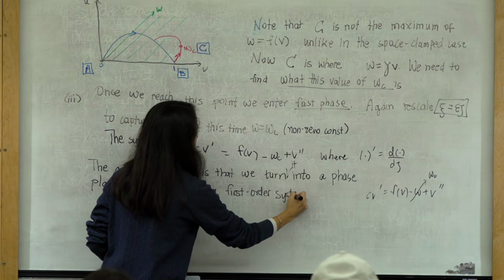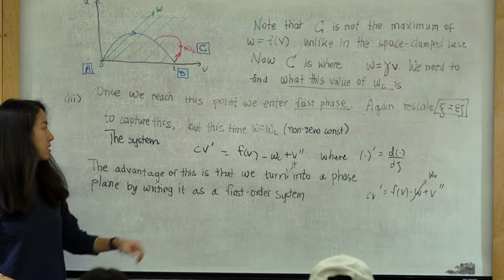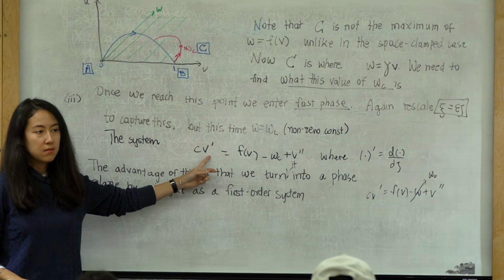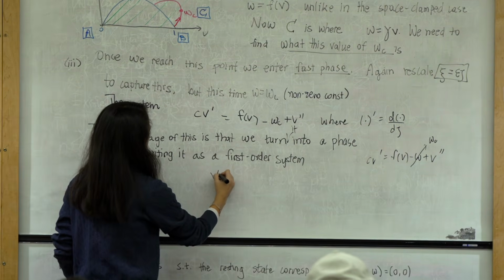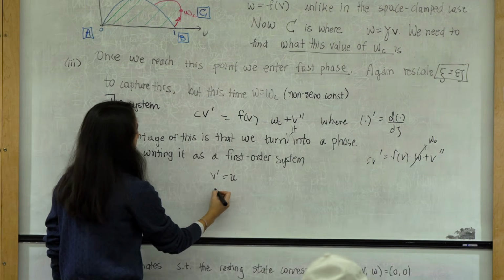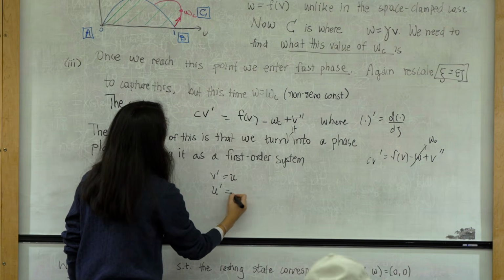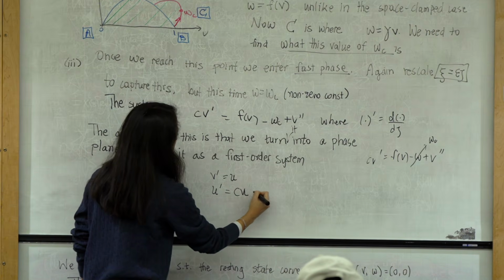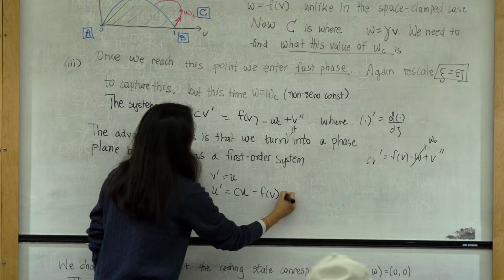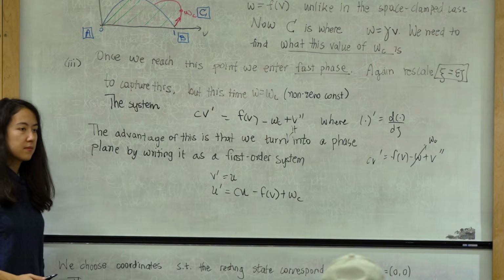And because we have already done this, you know how to do it. The trick is to just let u is equal to v prime. And that makes it basically, so I have this, and then I substitute here, I get u prime from this term over here is equal to cv prime, which is u, minus f of v plus wc. Is that fine?